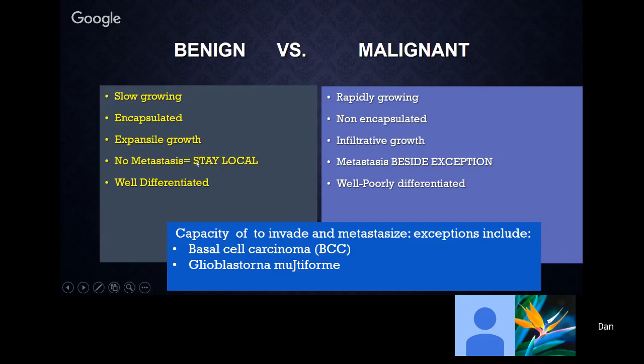So remember that benign tumors do not metastasize. They stay locally. There's just one exception to the rule, myxoma, which is not really metastasis, just because the tumor is so friable. The myxoma is usually found in the heart, and when it becomes friable because of the blood flow, it moves from its location.